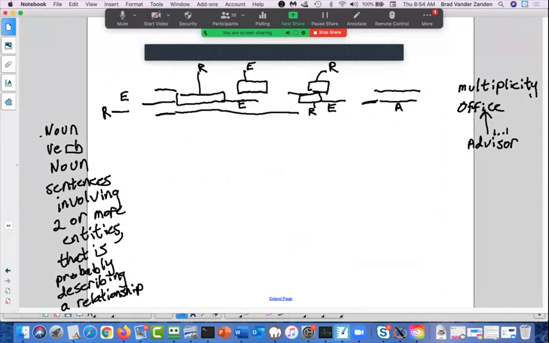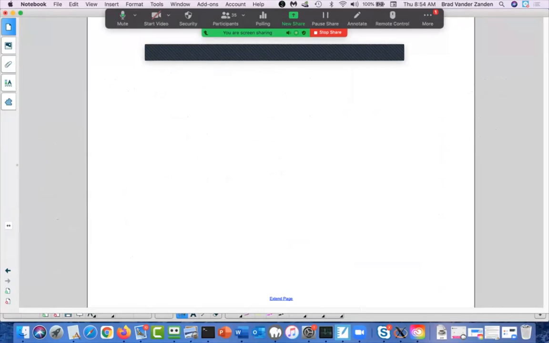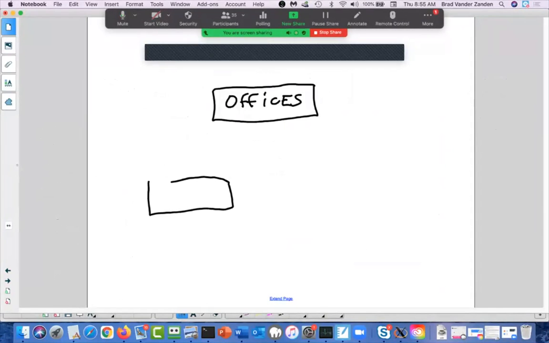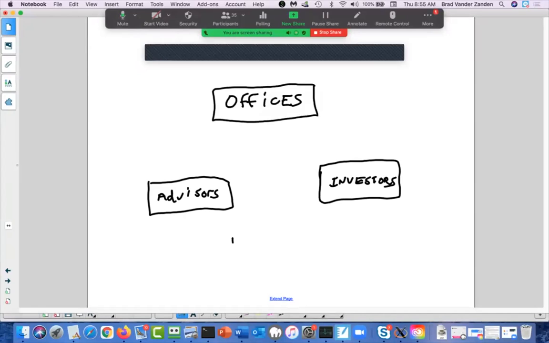So what we know so far is that we have offices. So that's an entity. And we know that we have advisors. And we know that we have investors. And we know that we have stocks.